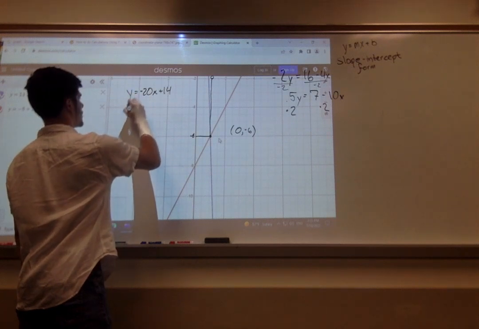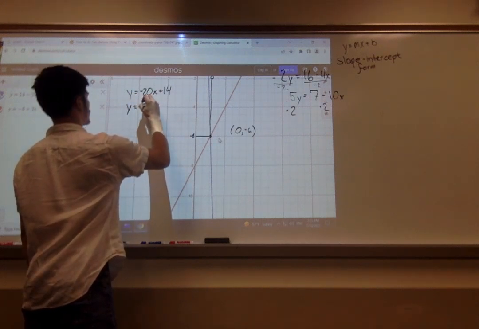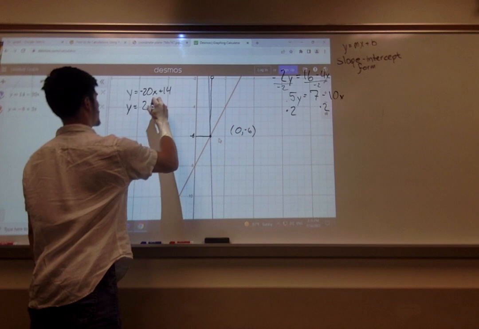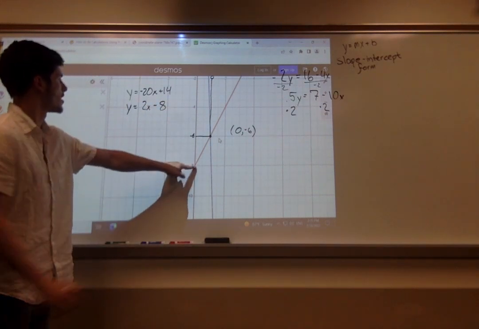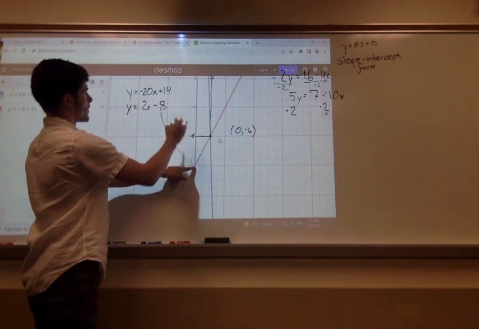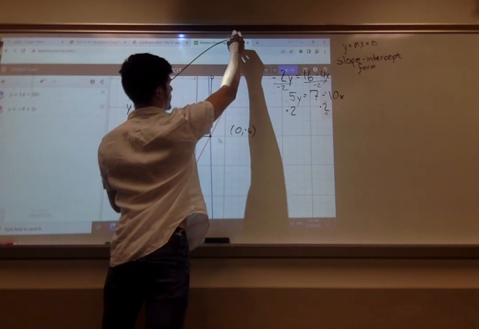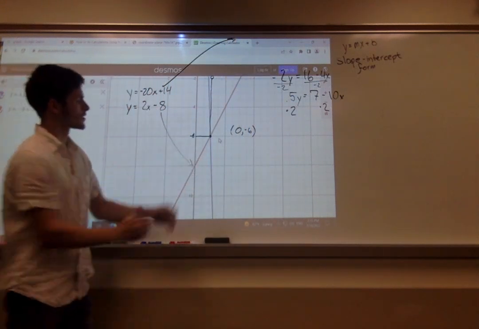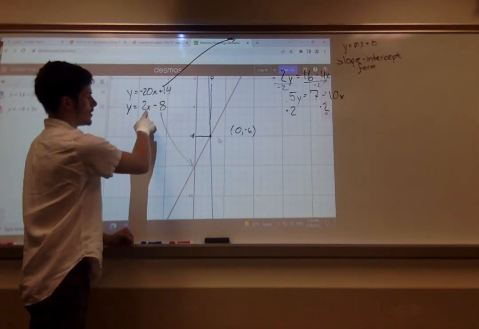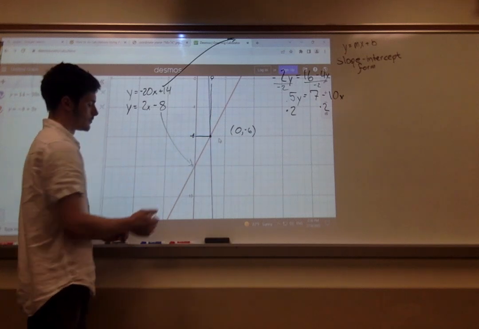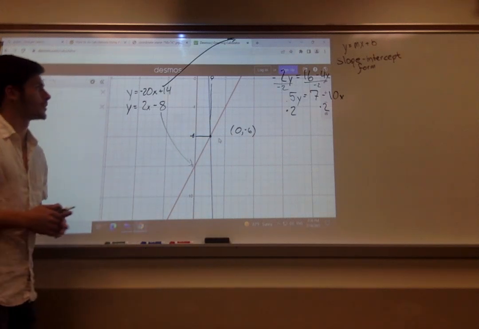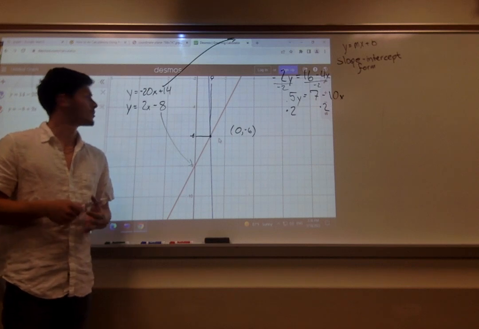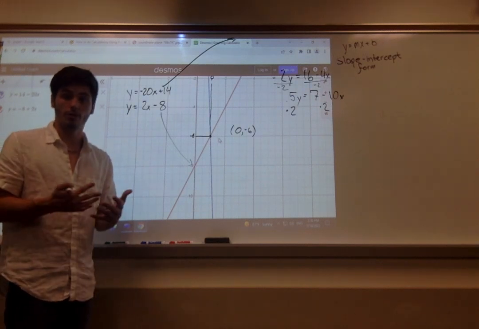And y equals 2x minus 8. Here's our y-intercept, -8. Our other y-intercept is going to be way up there. And 20x is that huge slope, and then 2x here is this slope of 2. So that's graphing and solving systems of equations with graphing.